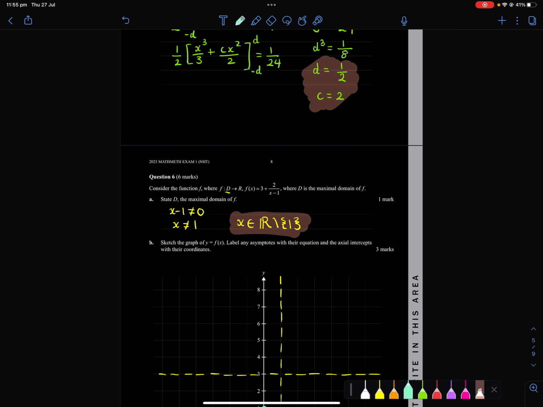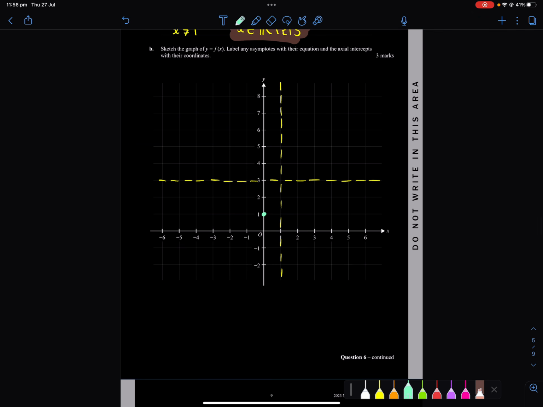We're going to let f of x equal 0 and solve. So negative 3 equals 2 over x minus 1, so x minus 1 equals negative 2 over 3. So we can say 1 minus 2 over 3, which is 1/3. Okay, so 1/3. That's good. So 1/3 should be around here.